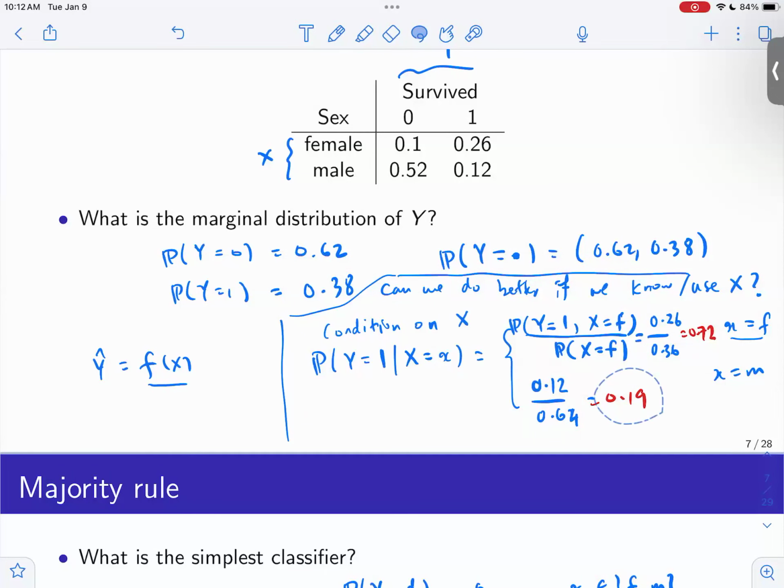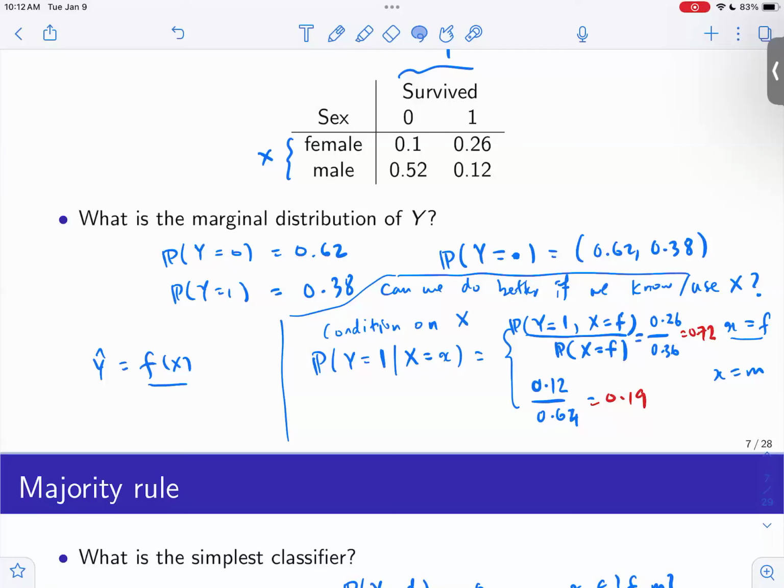Okay, so 0.19, 0.72. And then I also have the probability that Y is equal to 0 given X, but do we really need to calculate that? No, because it's just 1 minus this. So I can just decide based on this, because the other one is 1 minus this, okay? So suppose, for example, that I observe X to be female.